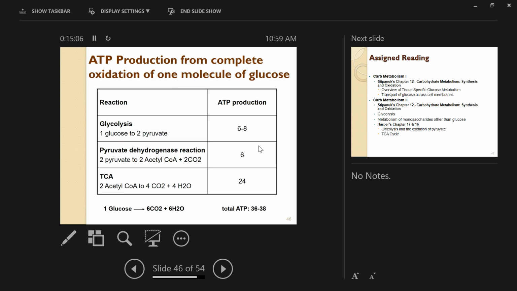So in total, 24 ATPs are generated from the TCA cycles, right? And the 6 is because of the pyruvate dehydrogenase reaction, pyruvate converted to acetyl-CoA, right? 1 NADH basically generates 3 ATPs, and times 2, 6.